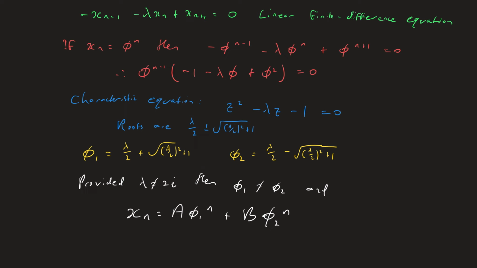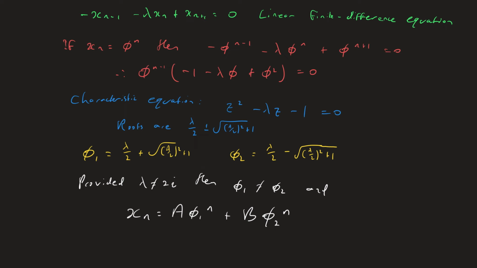The only time this breaks down is if the two roots here are the same. But provided lambda is not equal to 2i, we have two distinct roots, and this will work. We will see later that in all cases we do indeed have lambda is not equal to 2i, so therefore what we're doing here is perfectly valid.